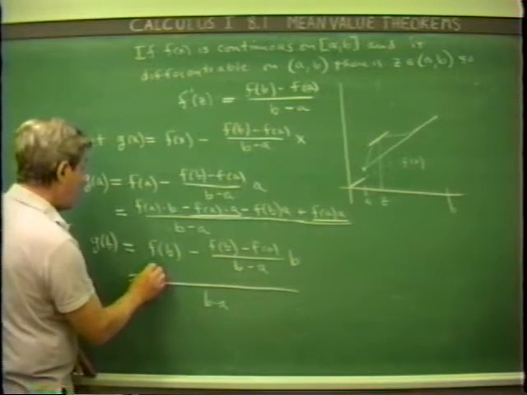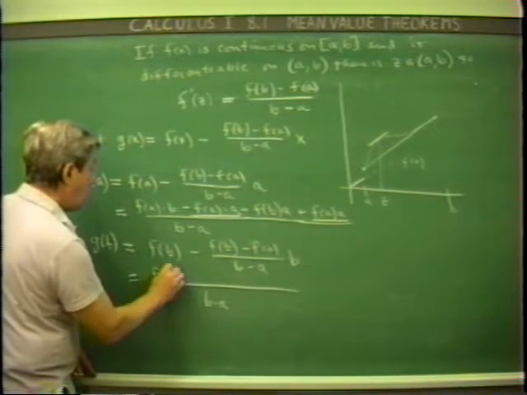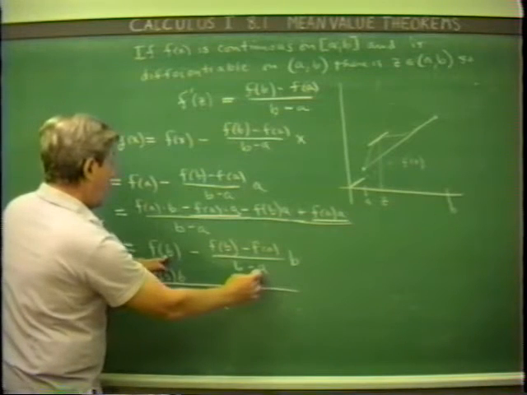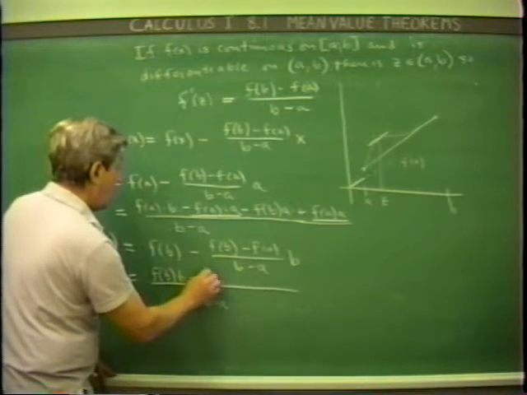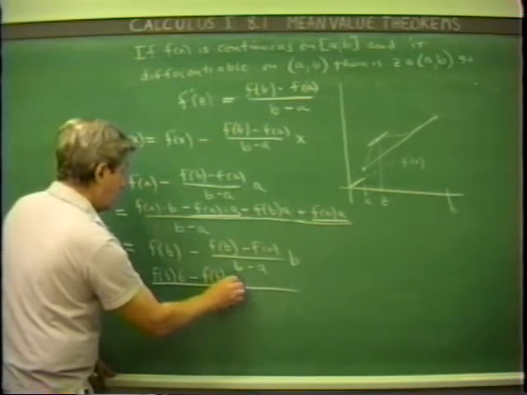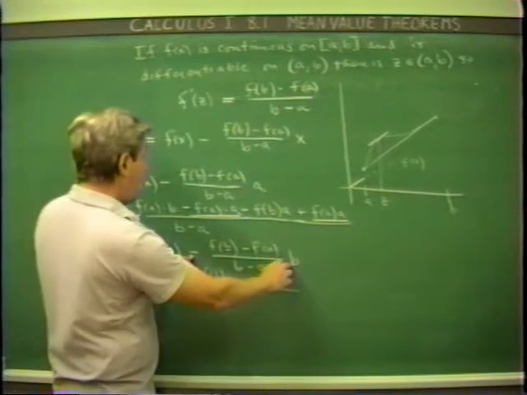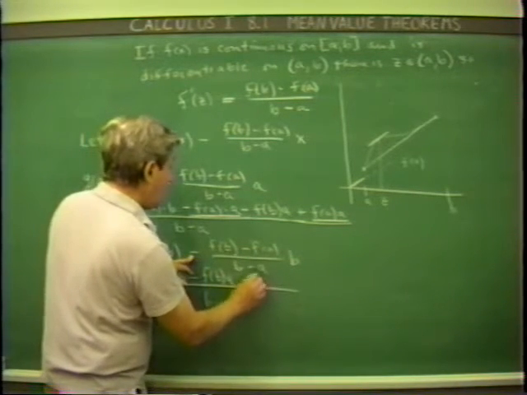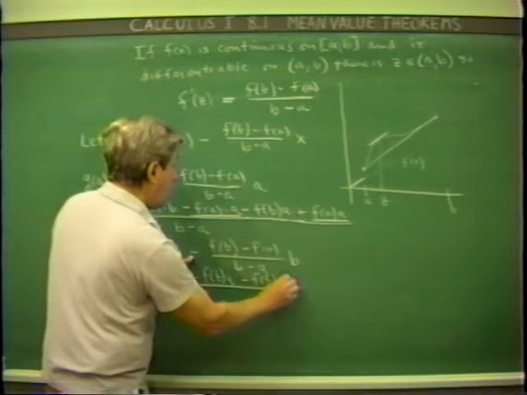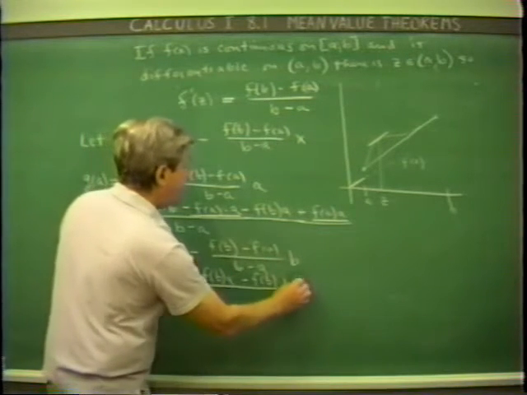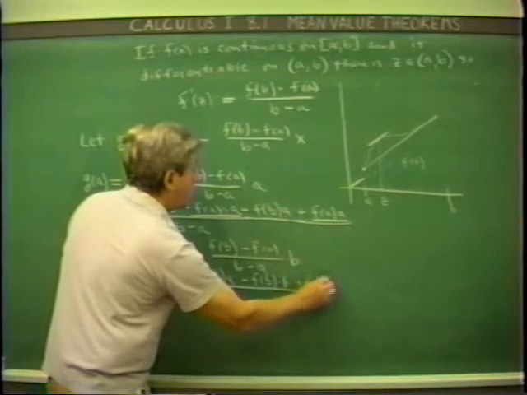We got f of b times b minus f of b times a minus f of b times b and plus f of a times b.